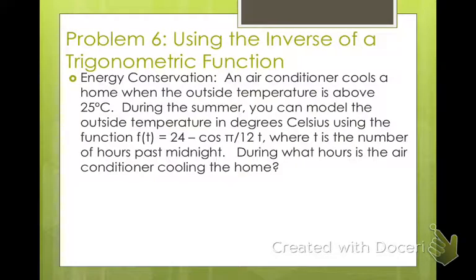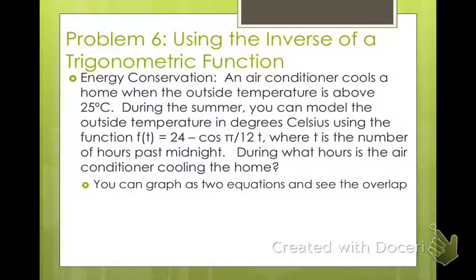The first one is that you can graph these two equations. So you set y1 equal to 25 degrees. And then this is your y2: 24 minus, make sure you put it in parentheses, cosine of pi over 12x, with x in place of t.